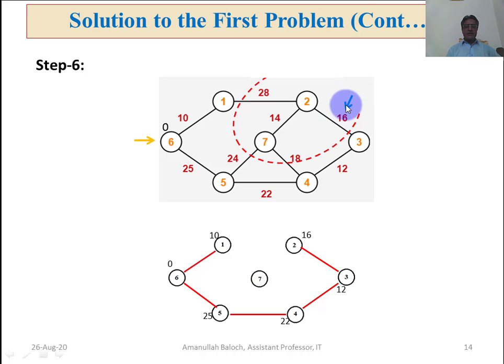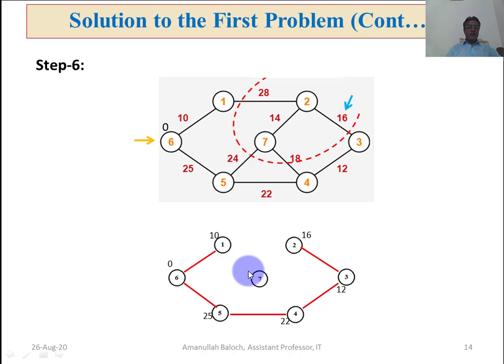So all the edges are cut with this cutting line, and the weights of these edges are 24, 18, and then 14. 14 is the lightest. It will be targeted. So this edge is selected in the MST, and this weight has become the key value of 7. So the key value of 7 is 14. We have discussed this processing in detail in our previous algorithm.